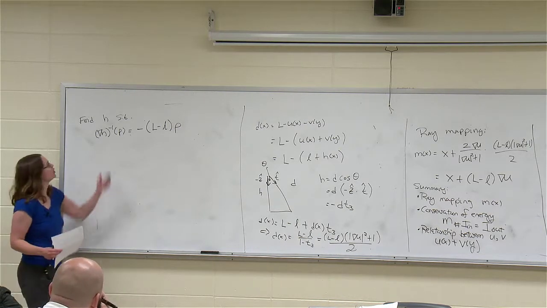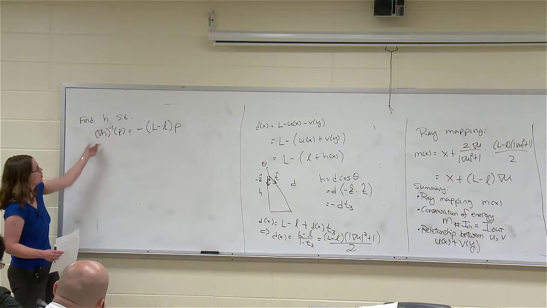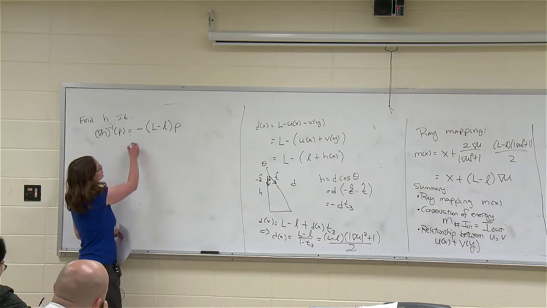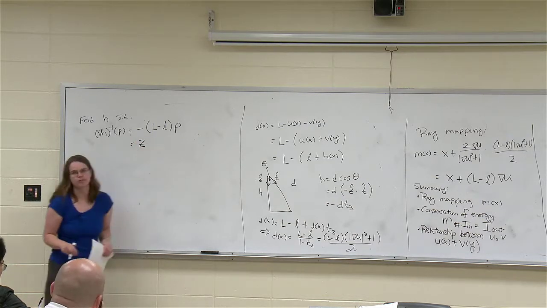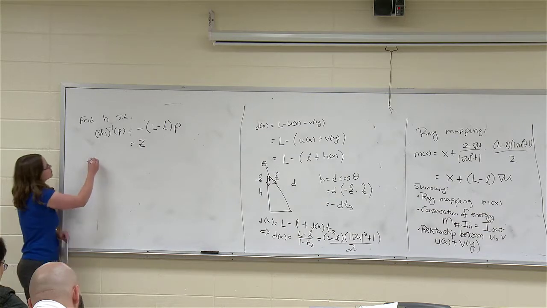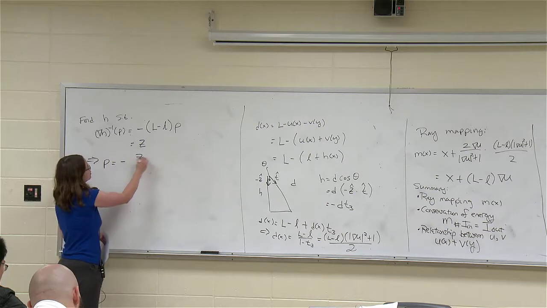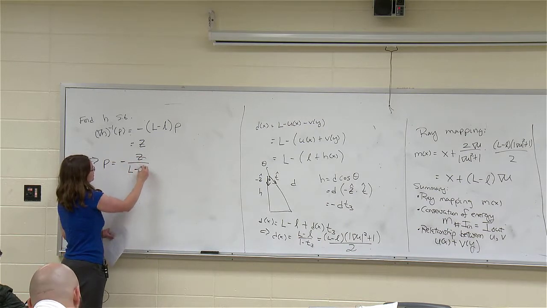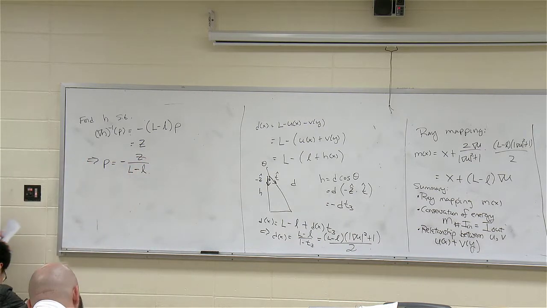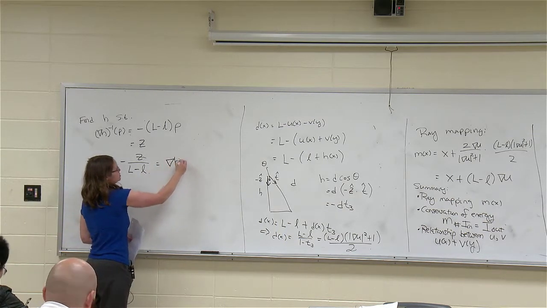Okay, so what am I trying to do? I'm really just trying to invert the inverse function, right? So what's the usual way I do that? I set this equal to something, and I solve for p. So if I do that, I should have p equals minus z over L minus L. And this becomes my grad h.